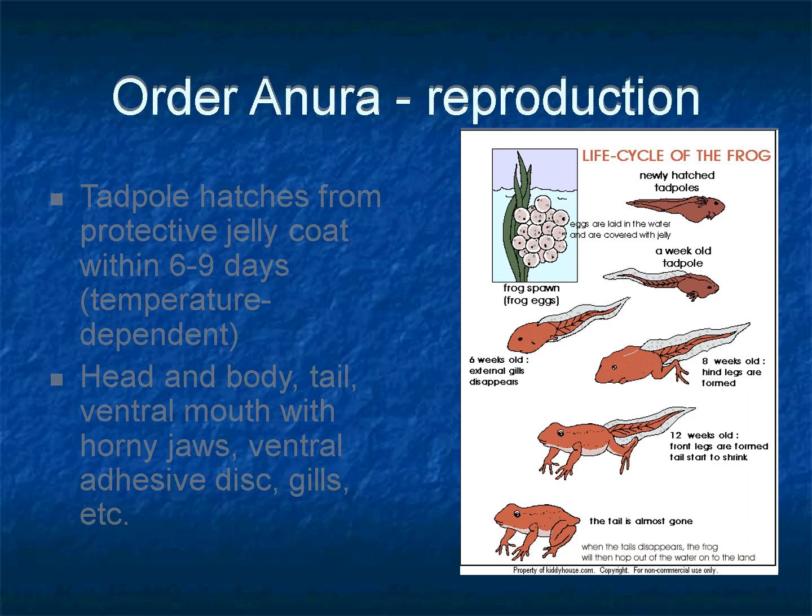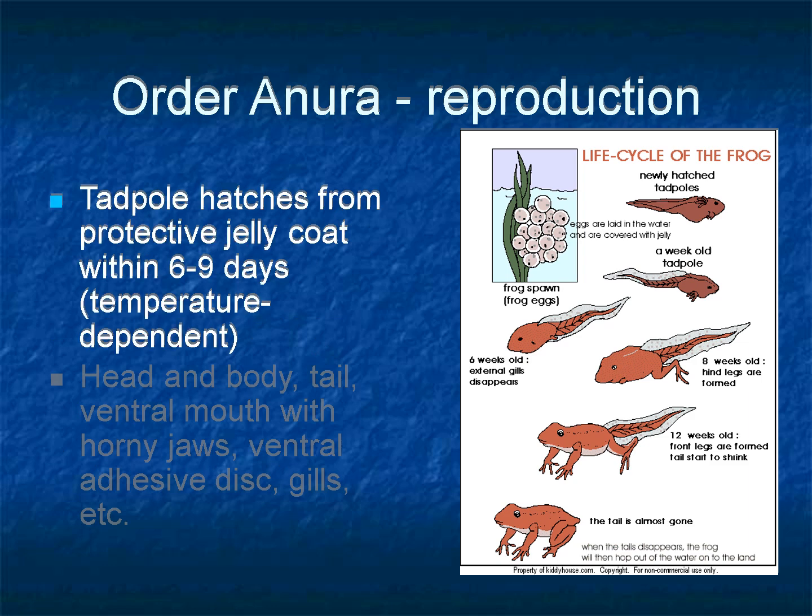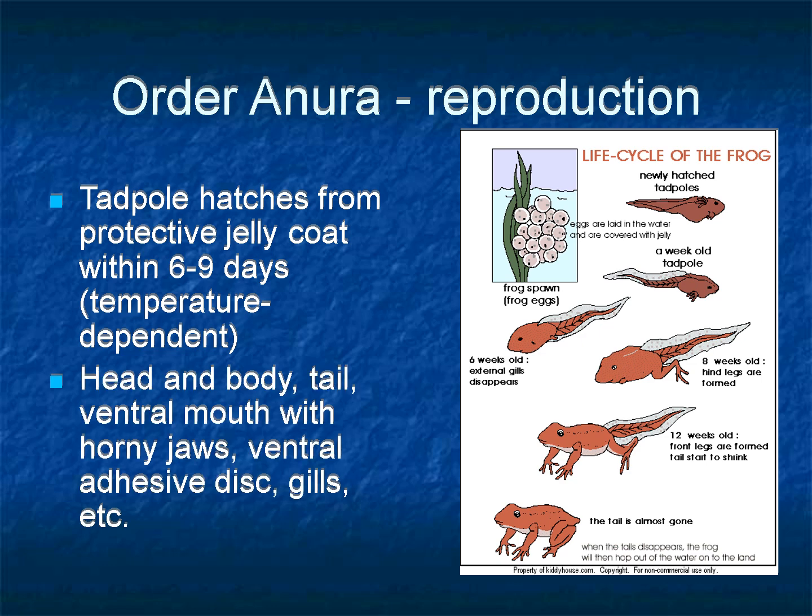Frog larvae, commonly known as tadpoles, hatch from the jelly coat within 6 to 9 days, depending on the water temperature. You might remember the shape of the tadpole from the previous lecture. They include a head, gills, and a body with a fin-like tail. Their mouth is present on the ventral side with horny jaws made of keratin, helping them to scrape vegetation from hard objects.